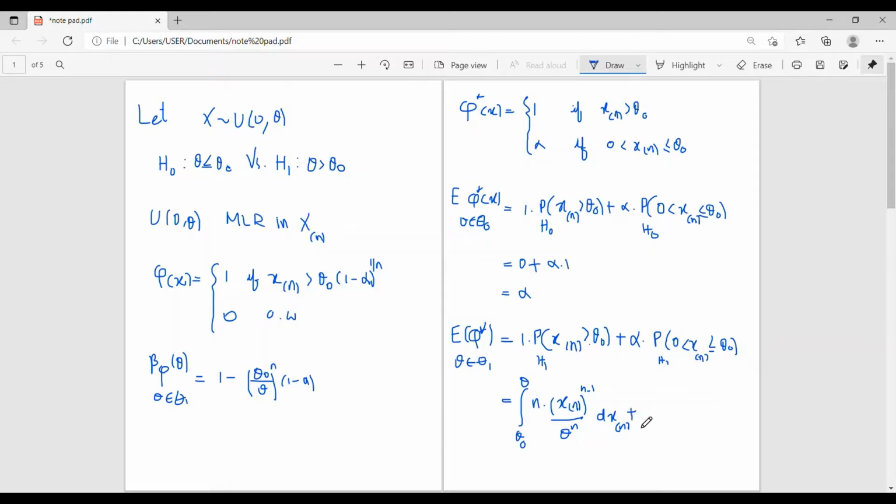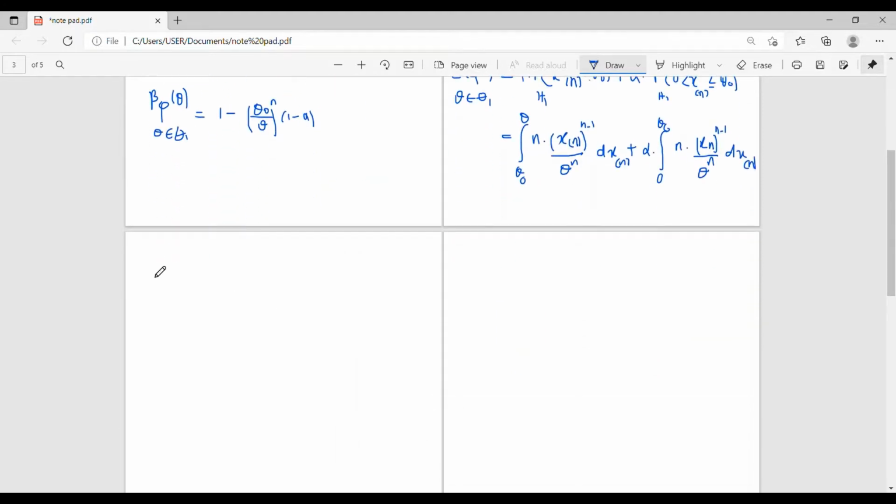plus alpha into the integral from 0 to theta naught of n into Xn power n minus 1 divided by theta power n dXn, which is equal to n by theta power n for Xn power n minus 1.